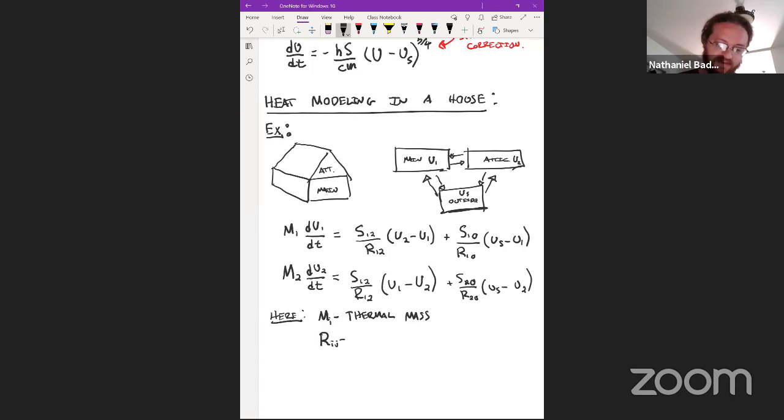Rij is the heat resistance between floors or between the floor and the outside.